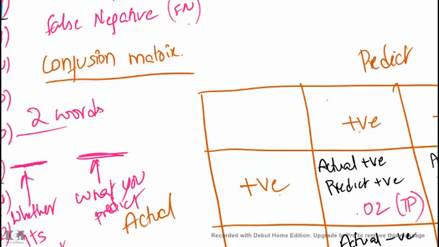And true negative: first you see the second word, that is the predicted one. Predicted as negative, and true means actual also negative. Both are same, then it is called true negative. And for this one, predicted negative and actual is positive, opposite to that, which is nothing but FN.